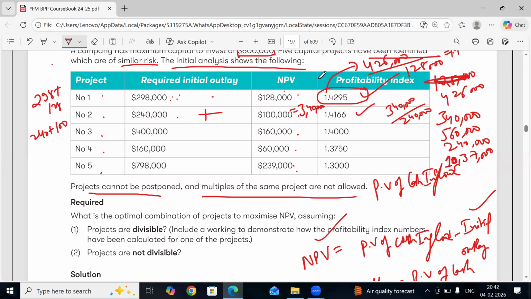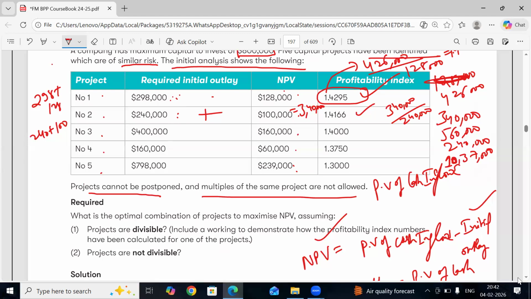We need to look at NPV per unit of limiting factor, which is 1.4295, 1.4166. First project, second project, third project: 2,98,000, 2,40,000, and then 2 lakh.